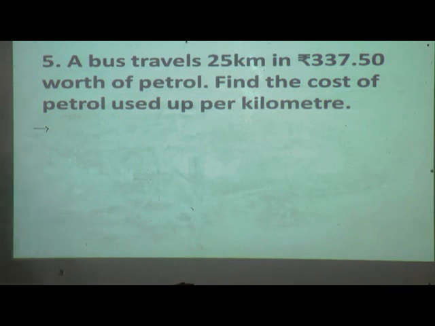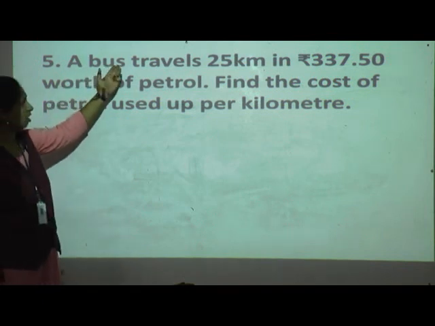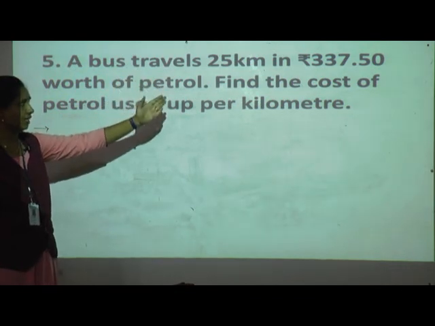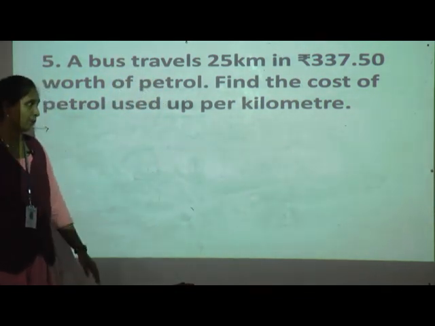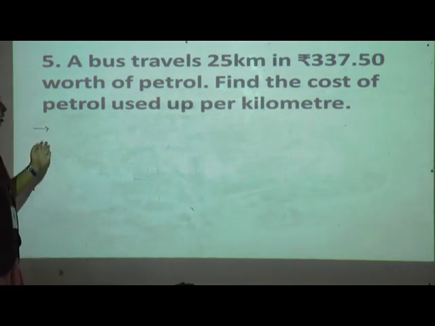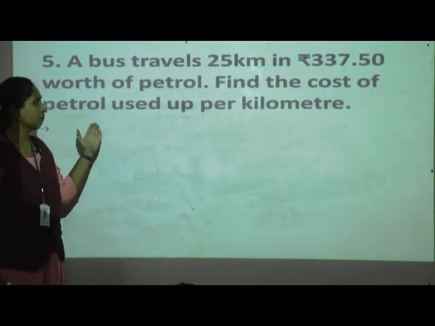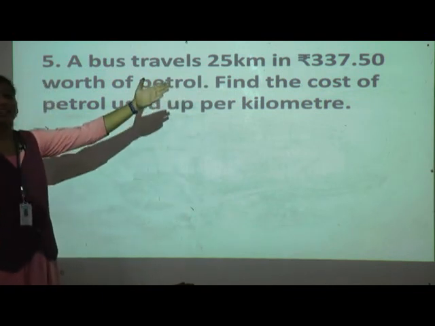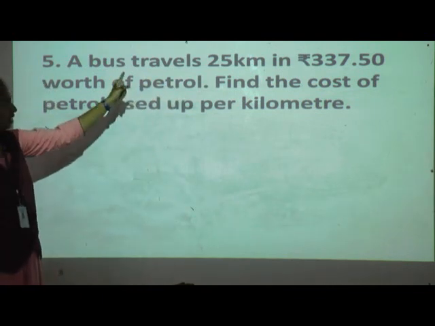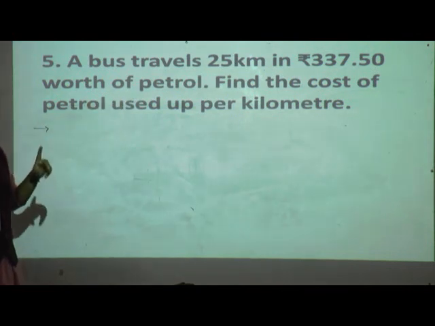So the given information is: the bus travels 25 km for rupees 337.50, and the cost of petrol per kilometer is 337.50 divided by 25.